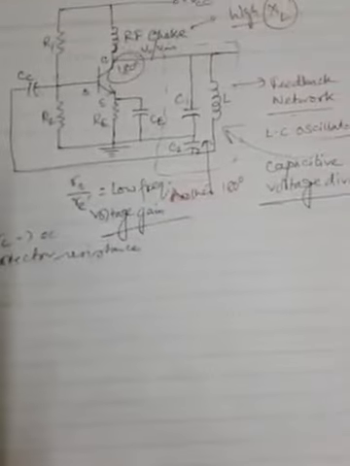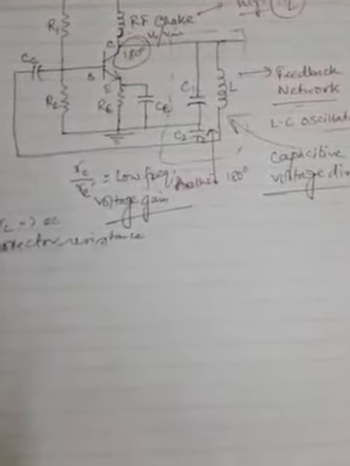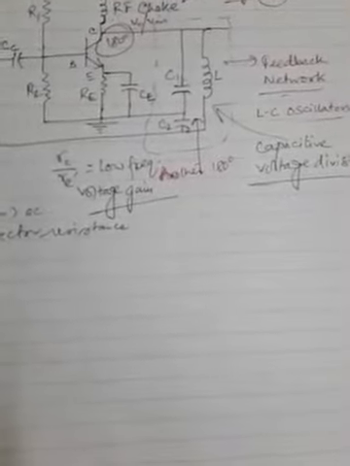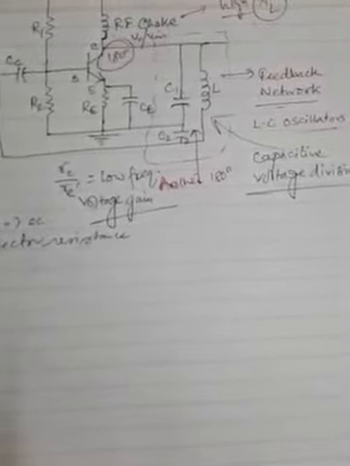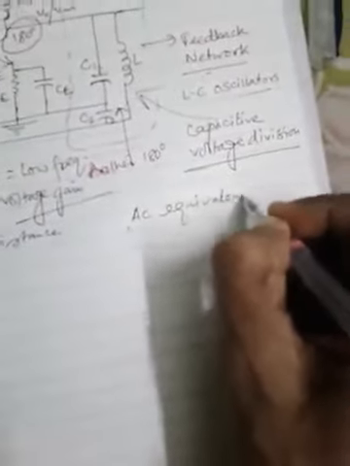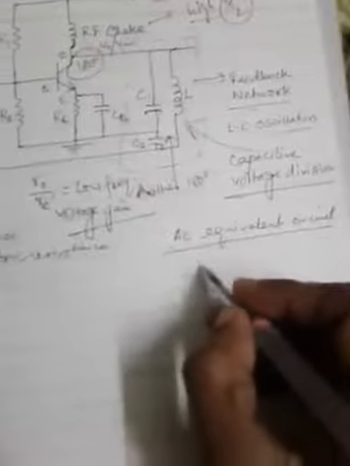Now the resistors here, R1, R2, Re, have sufficiently large values and they do not affect the AC operation of the circuit. The equivalent circuit of the Colpitts oscillator can be drawn in this way. So the AC equivalent circuit can be drawn in this way for this particular oscillator.